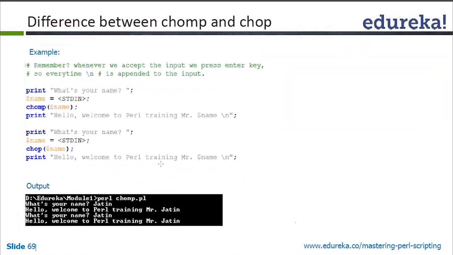What it does is, if you press \n, it will remove the \n in the chomp functionality, but it will not remove the \n in the chop functionality. You can see that here we have this \n, but it is not going to the new line. Here you are going to the next line. That is the main difference between chop and chomp. The only difference is the new line is getting removed, but here the cursor is not in the next line, it is in the same line.